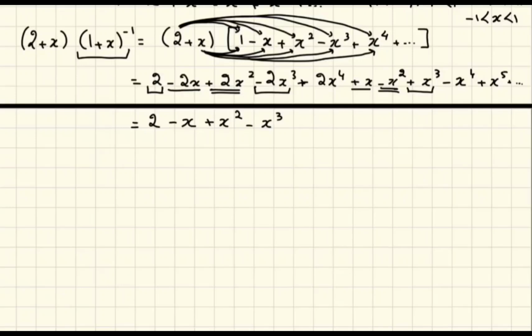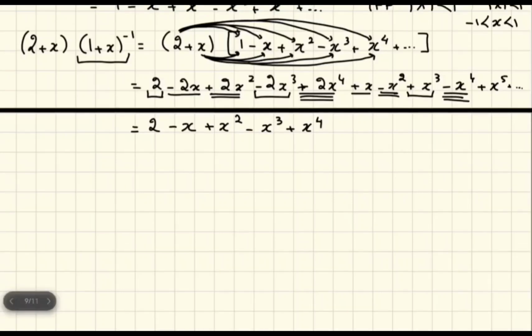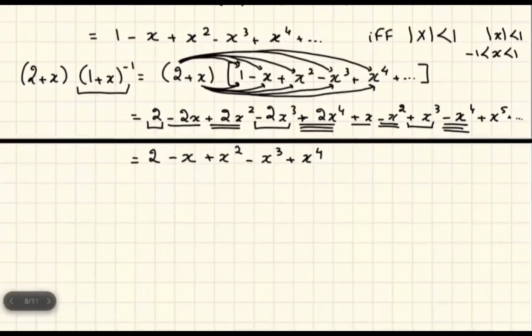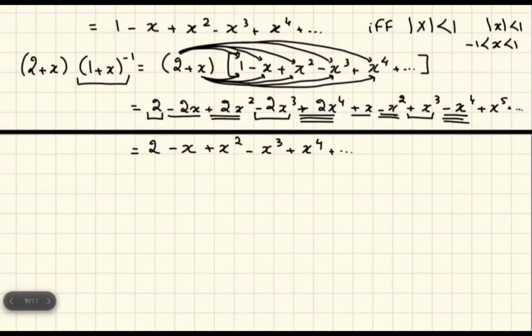We look at 2 exponent 4 and minus x exponent 4, and we have plus x exponent 4. I can stop here, no need for the x exponent 5, because in the question it is as far as x exponent 4. So this will be the expansion up to x exponent 4.